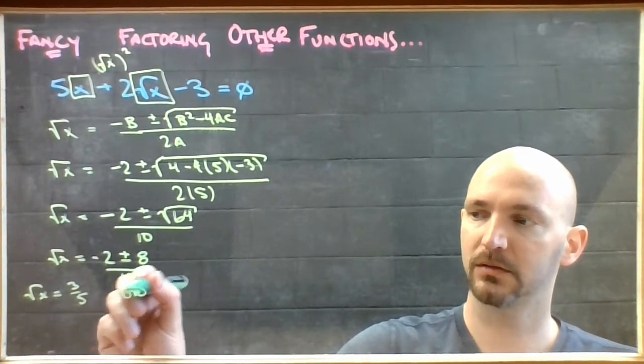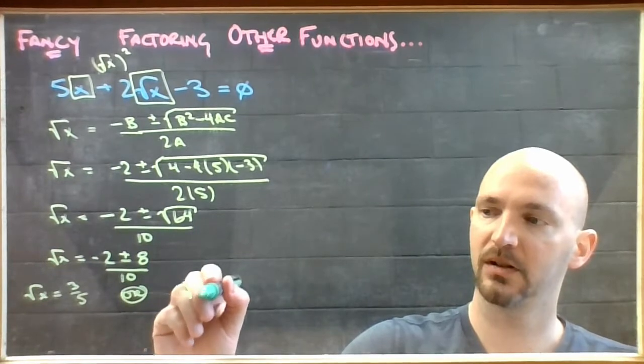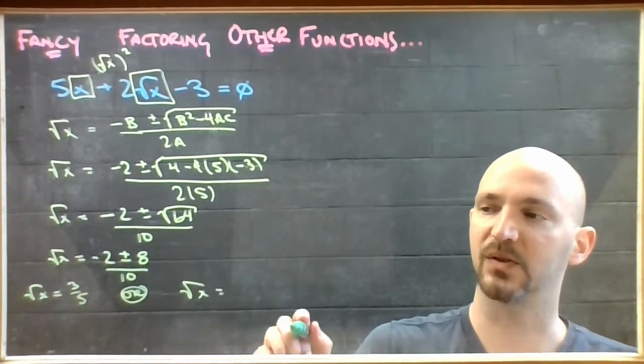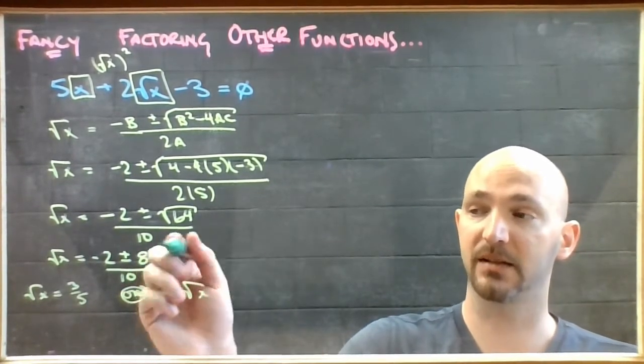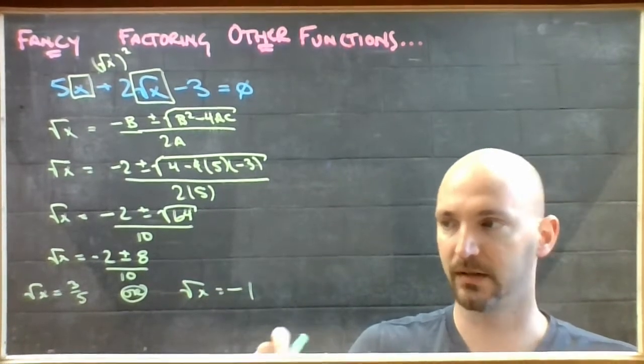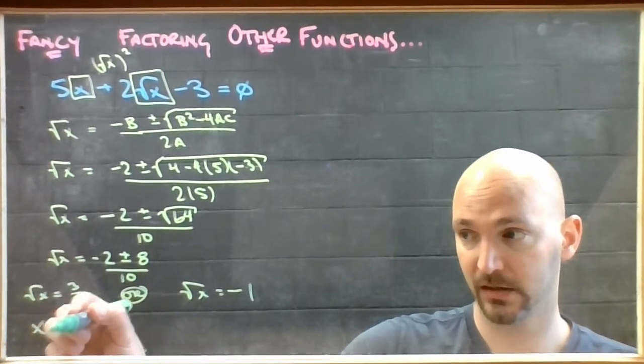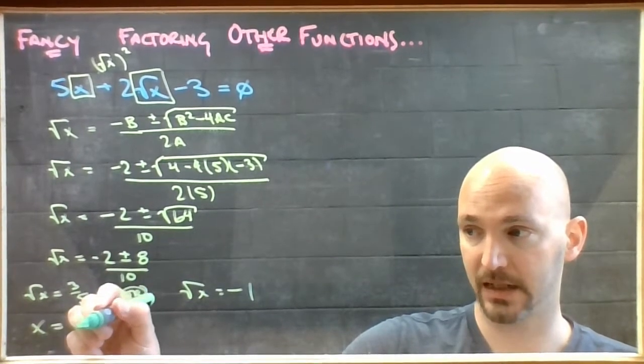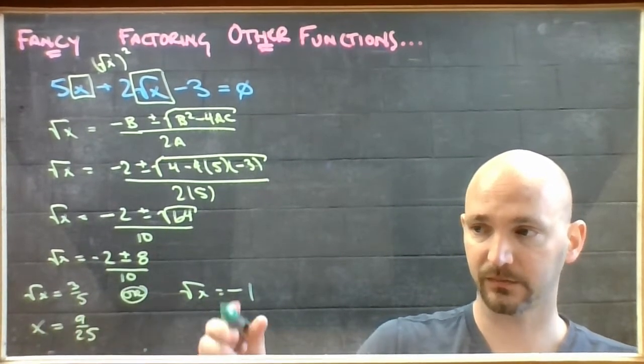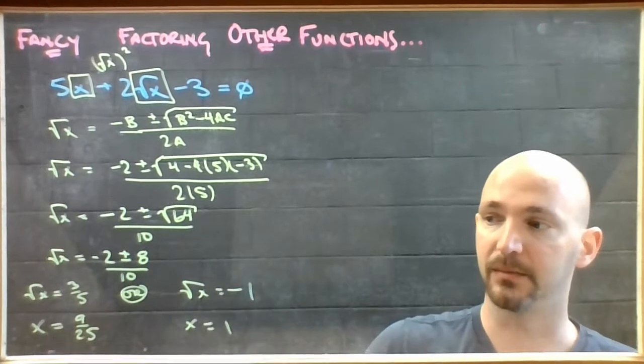Or case 2, root x would be negative 2 subtract 8, which is negative 10 divided by 10, which is negative 1. To finish this case, I need to square. That would be 9/25, or x equals 1.